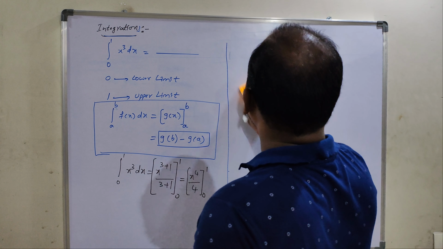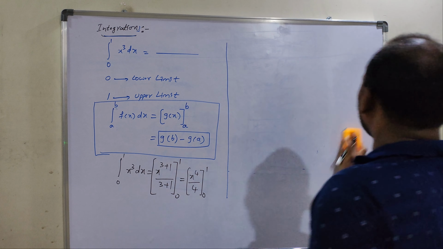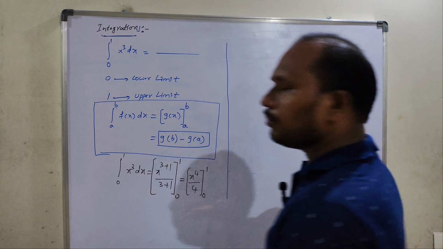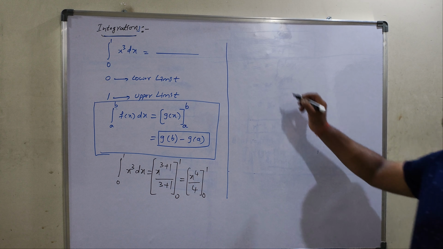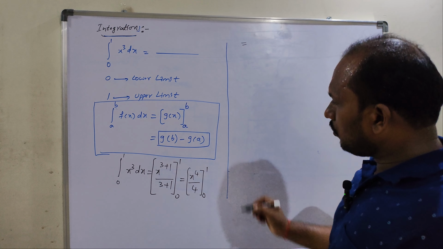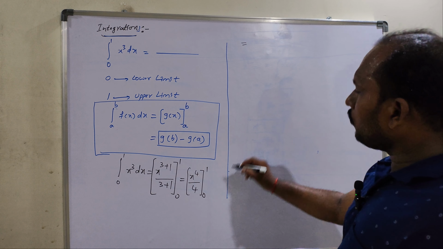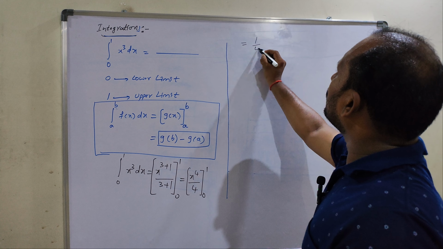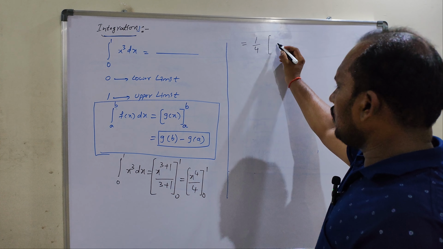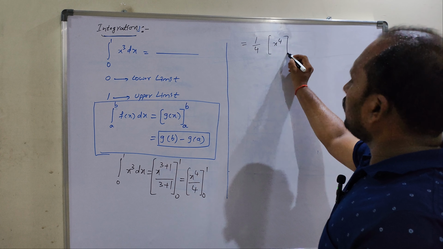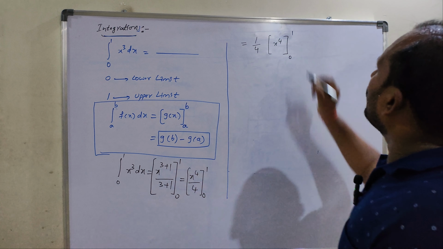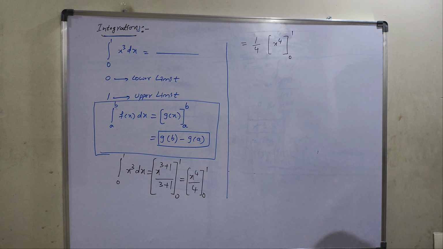So 1 by 4 is a constant, so I am taking it outside. So x power 4, limits 0 to 1.